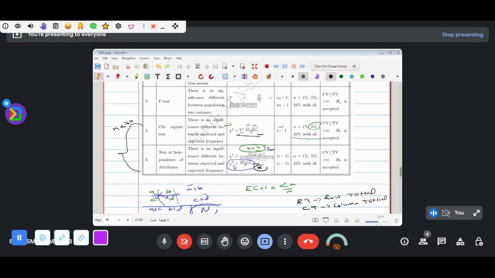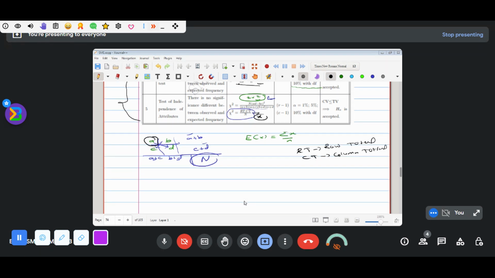Suppose what is the formula for this 2 by 2 matrix? For each corresponding value, take the value of A. The expected value is A plus B into A plus C divided by capital N. This is the formula. The expected value is the corresponding row total into the corresponding column total divided by the overall total.